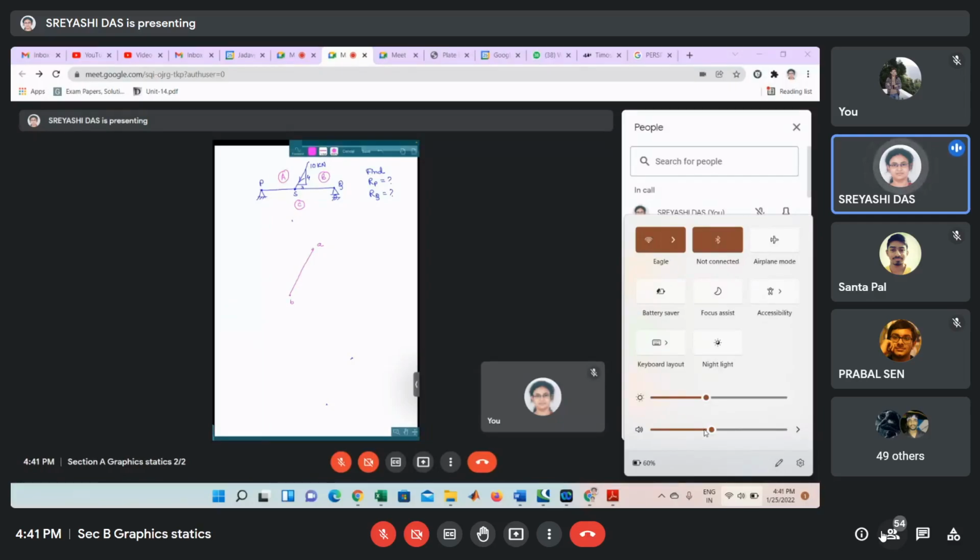So this is 10 kilonewton force. Now we will take the center S. S is the center of P. Yes, you can take it as centered. Okay. So let us take this as 2 meter and 2 meter.